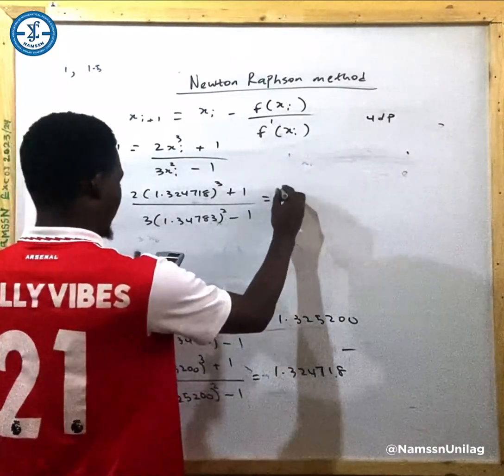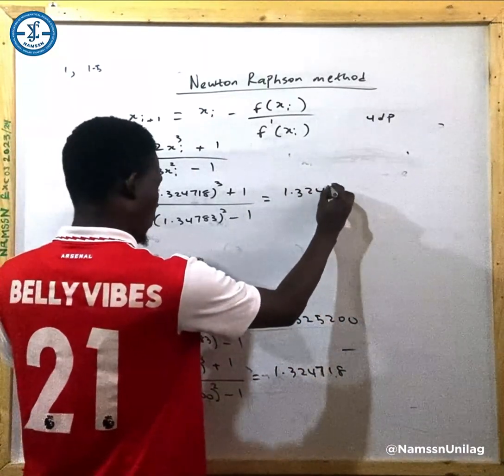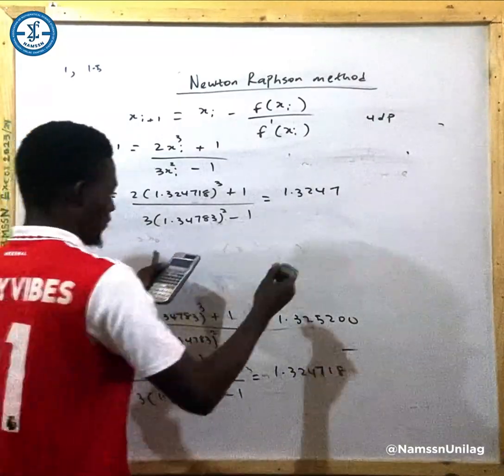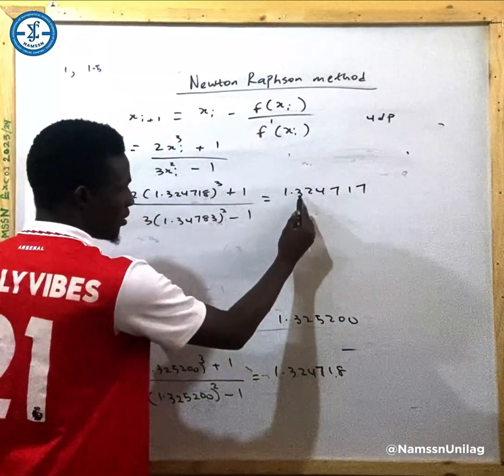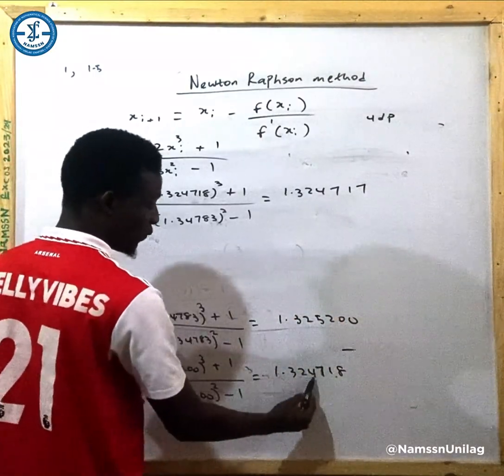So I'm having 1.3247. Wow, 4717. So if you notice, this is 3247, this is 3247.